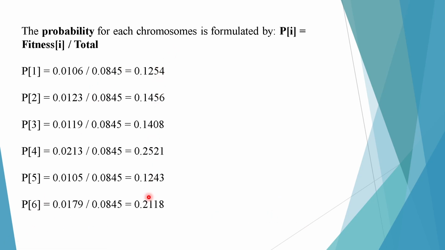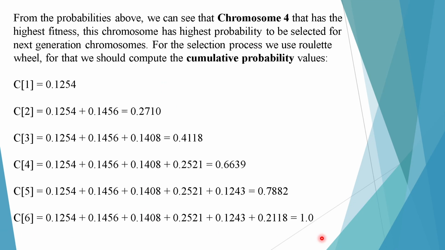Meaning when you add up all the probability values, you should get 1. P1 to P4 is your C4, P1 to P5 is your C5, P1 to P6 is your C6. So C6 must be equal to 1.